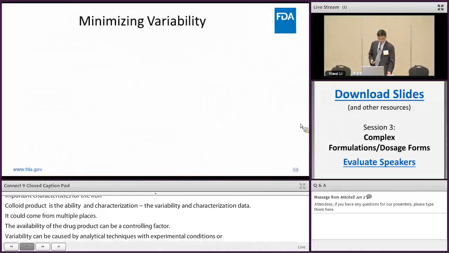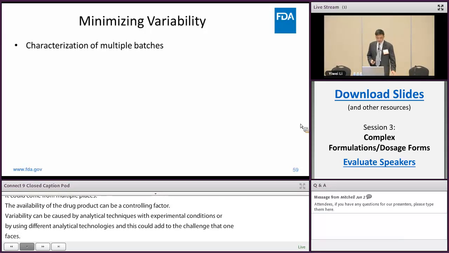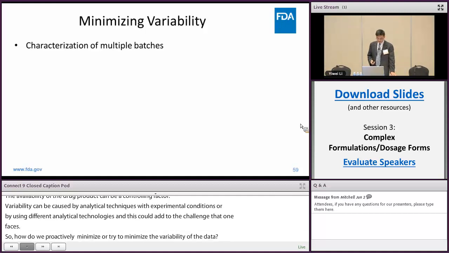So how do we proactively minimize the variability in the data? We strongly encourage the characterization of multiple batches. The information would allow us to assess the reproducibility of the manufacturing process. It should also help enhance our confidence in the accuracy and precision of the data package.